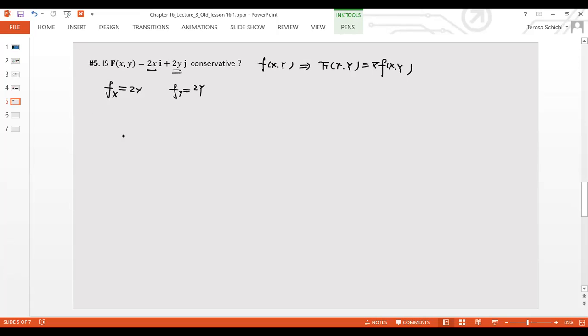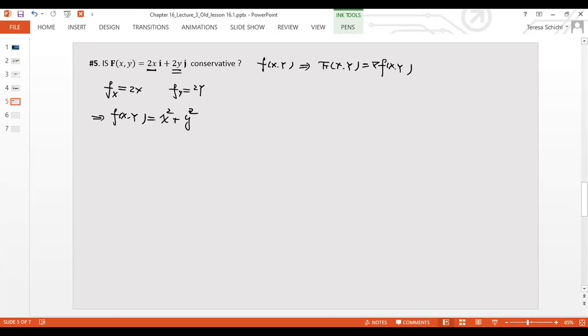Okay, so now if I integrate, I can find f of x, y equal to x squared plus y squared, right? See here, if you take the partial for x, it's 2x, and the partial for y is 2y, right?